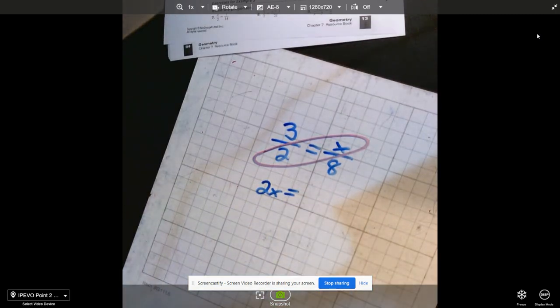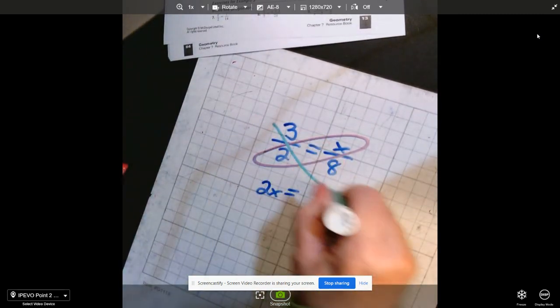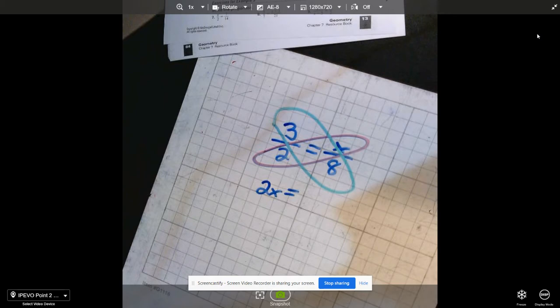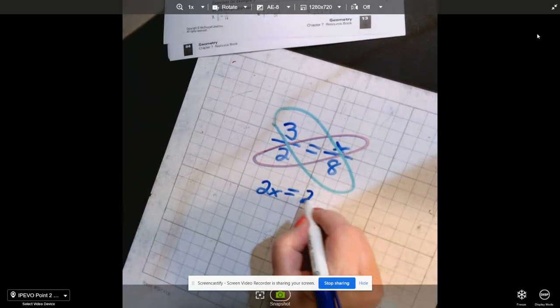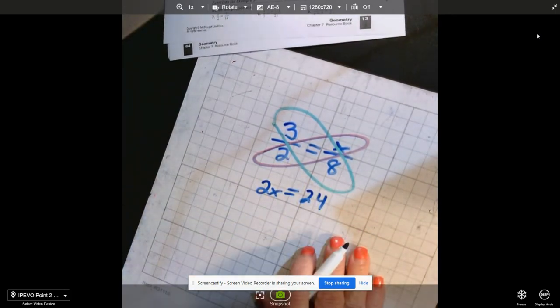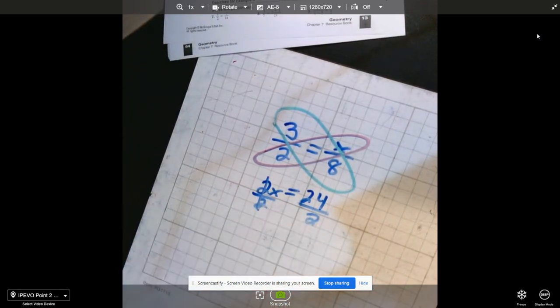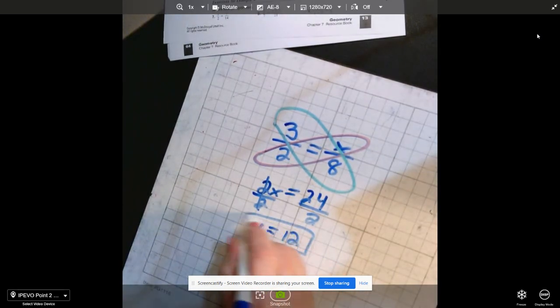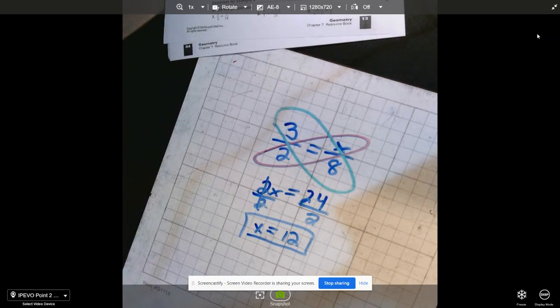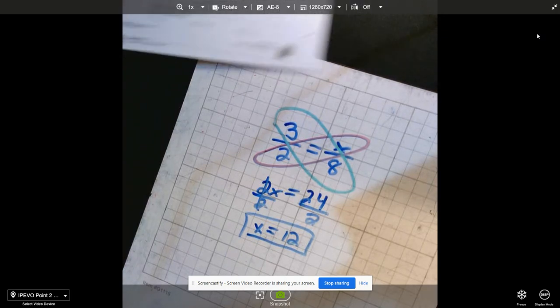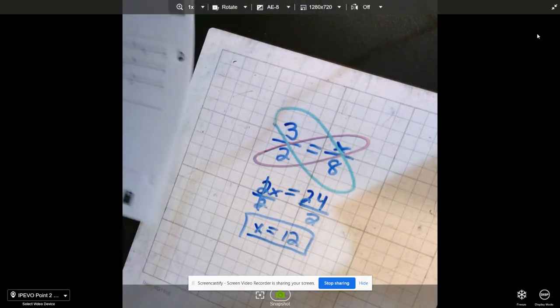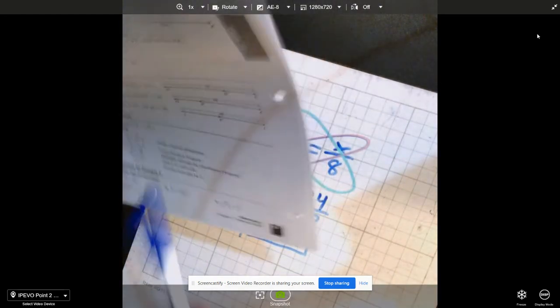You set that equal to these two multiplied together. 8 times 3 is 24. Now again, I have a simple algebraic equation that I can solve. I'm going to divide both sides by 2. The 2's will cancel out on this side, and I have x equals 12. So that gives you a start on 7.1. If you have any further questions, let me know.